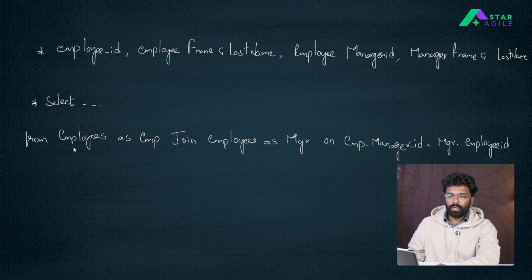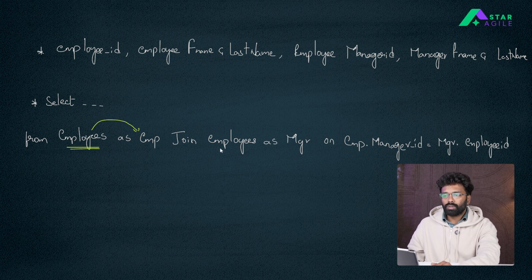First, the table employees, I am giving an alias name as EMP. So whatever data I have in employees will be identified under a name called EMP. One particular virtual table under the name EMP consists of the employees table.